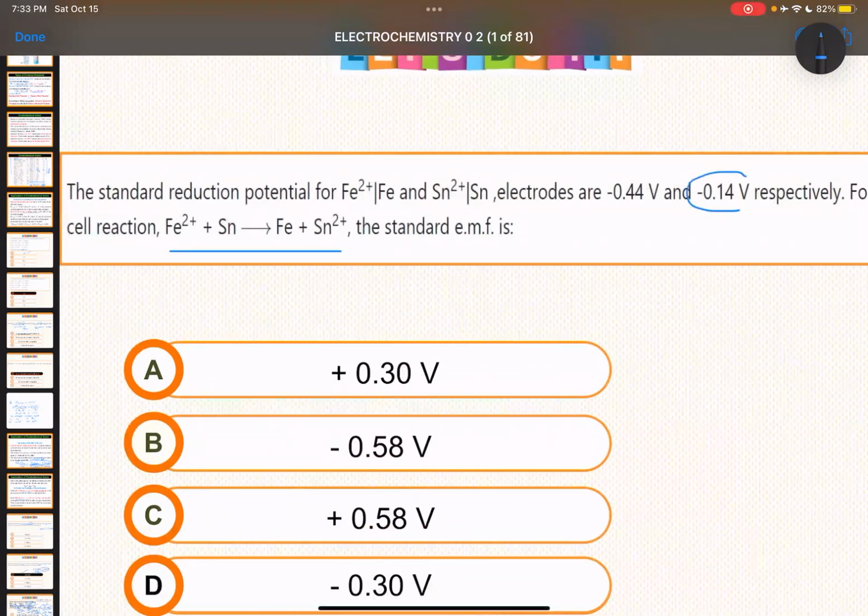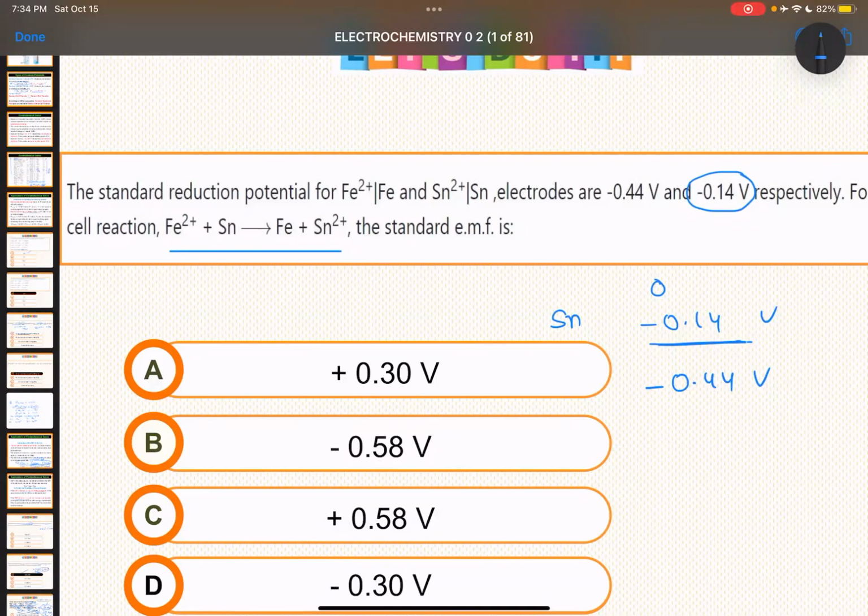You have taken these values, 0 and minus 0.14, and minus 0.44. This is lower, so Sn is higher. You take the higher SRP, meaning reduction, meaning cathode. So you are telling as per this. But what I told you, if the cell reaction is already given, then you will not decide on your own. Then you will decide as per the equation. Is it clear?